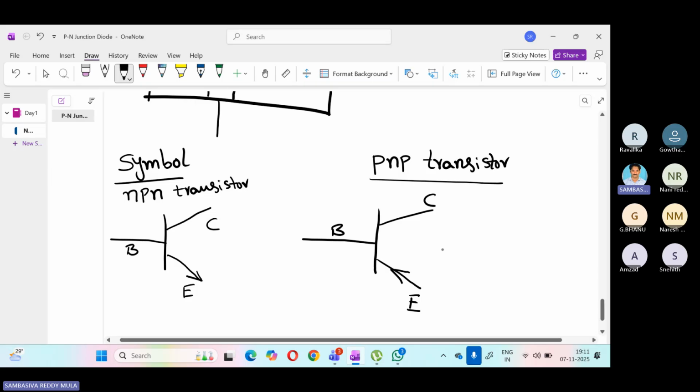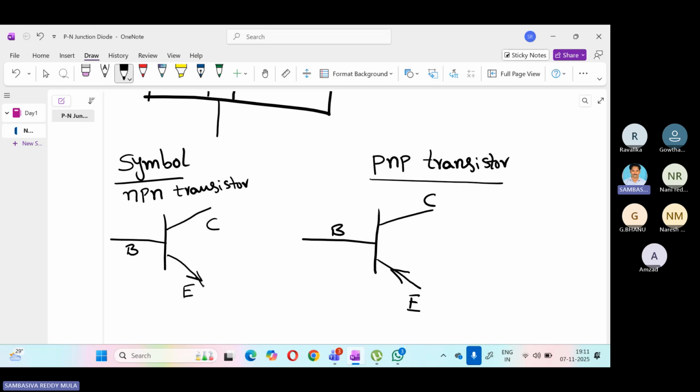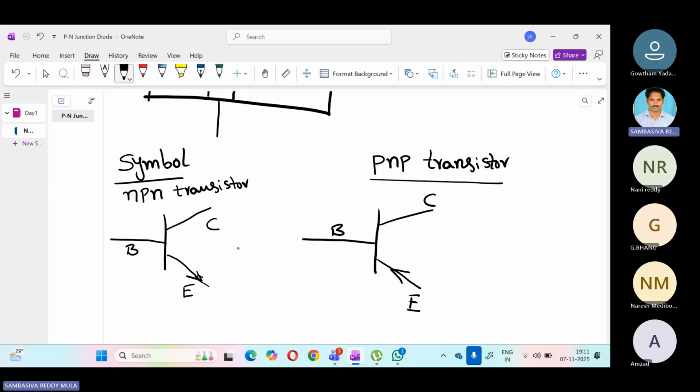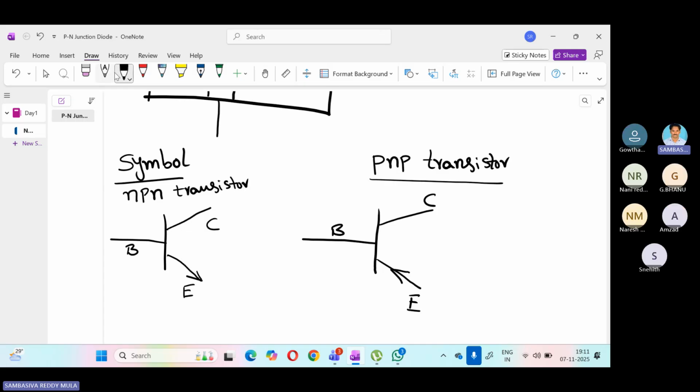How to differentiate these two transistors is only with the help of the arrowhead. If the arrowhead is away from the base junction, that is an NPN transistor. If the arrow is towards the base junction, that is a PNP transistor. Okay, so understood the symbol.